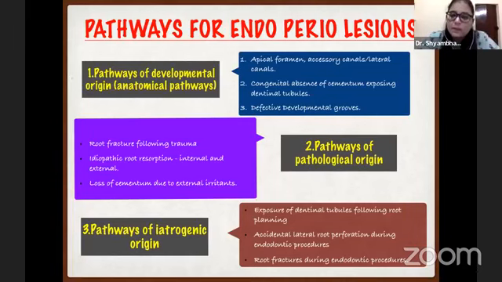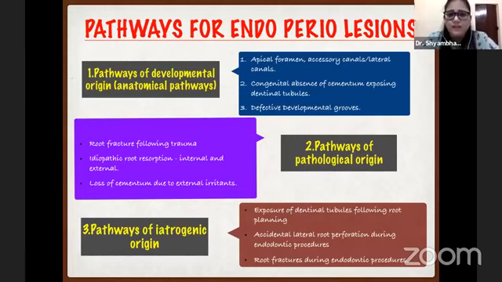The next pathway is that of pathways of pathological origin. Basically, these are the pathways which are formed because of some pathology which has occurred, and because of the pathology, a communication has been established, and because of this communication, the microbes will get a passage for frank transmission, and they will cause a lesion wherever they get a chance to accumulate. So pathways of pathological origin include root fracture following trauma.